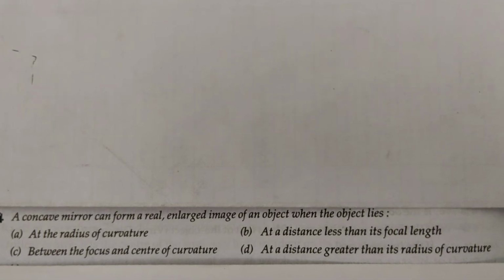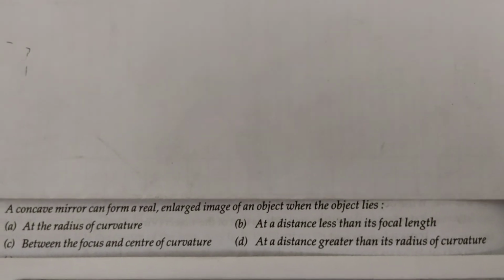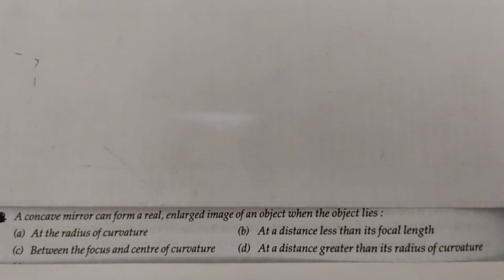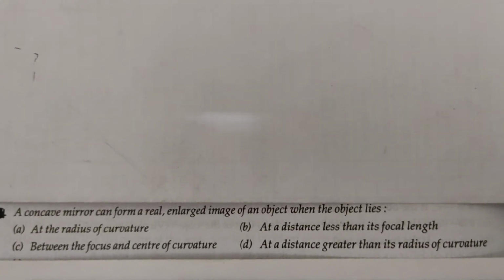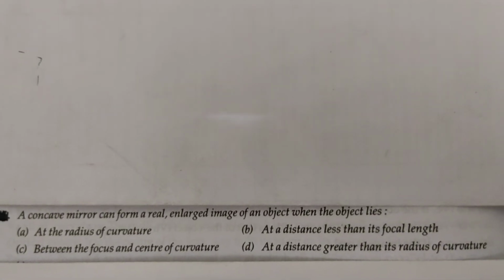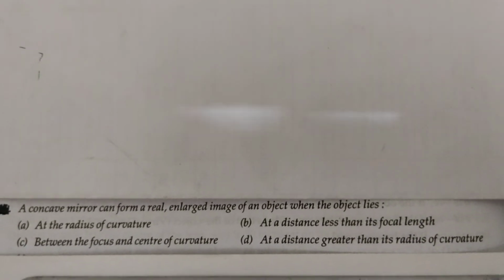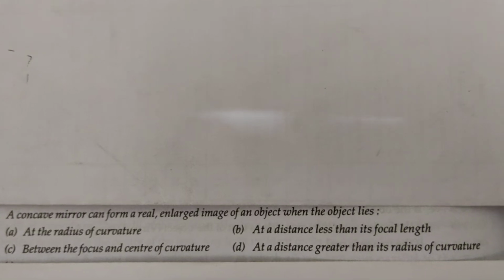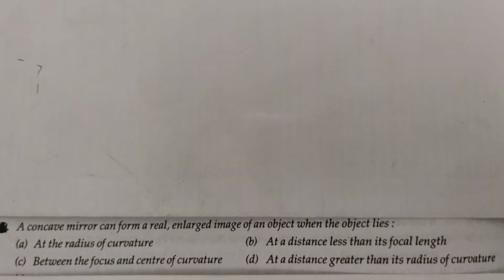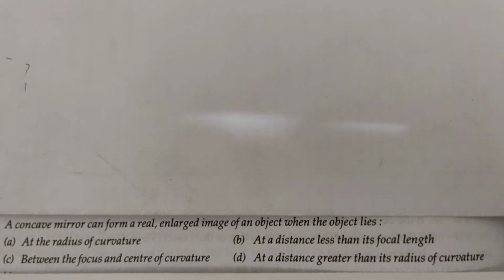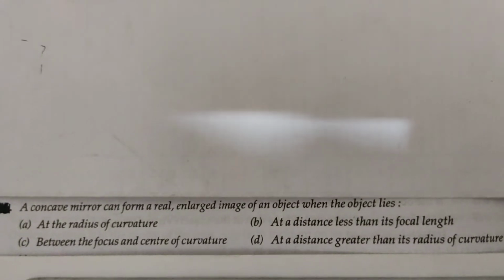So between focus and center of curvature means C is the correct option, because at the radius of curvature, that is at C, a real inverted same size image is formed. At a distance less than its focal length, a virtual image is formed. And D, at a distance greater than its radius of curvature, a real inverted diminished image is formed. So a real and enlarged image is possible only when the object lies between focus and center of curvature. So C is the correct option.